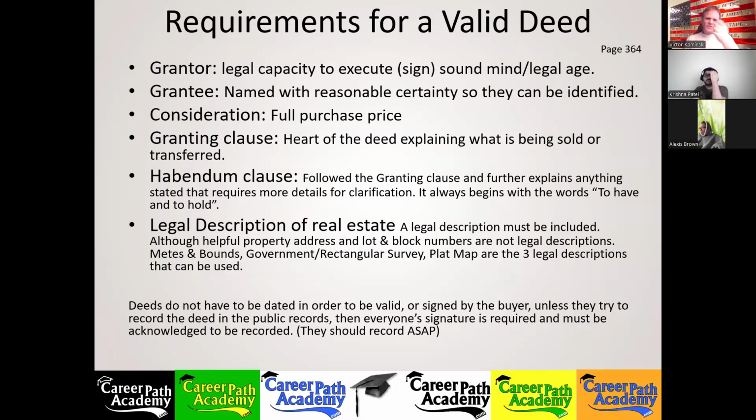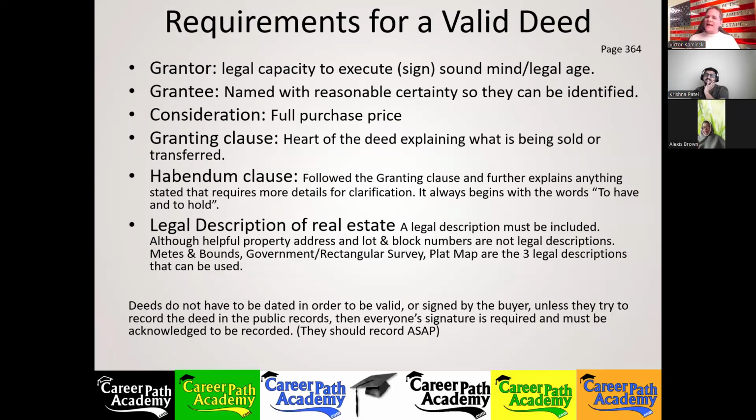So basically, if you state in the granting clause that there are two owners of the property, and one of them paid 75% of the cash and the other paid 25% to buy the property, if you don't state in the deed that you're anything other than 50-50 owners, you're 50-50 owners.